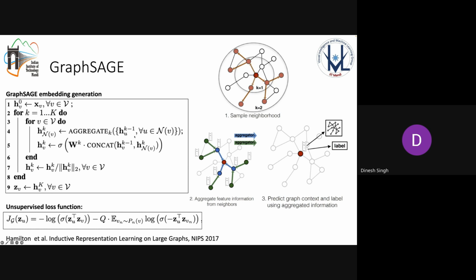Now here we need to define some aggregator functions. They can be any functions: concatenation, average, max pooling, whatever you want to use, you are free. We can use one type of aggregator function, or we can use different types of aggregator functions jointly in one layer. That's up to your choice, just like we use different kinds of filters in convolutional neural networks. Let's say now we talk about the kth aggregator.